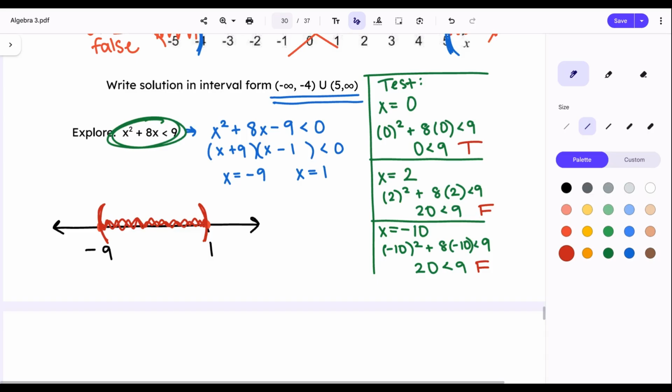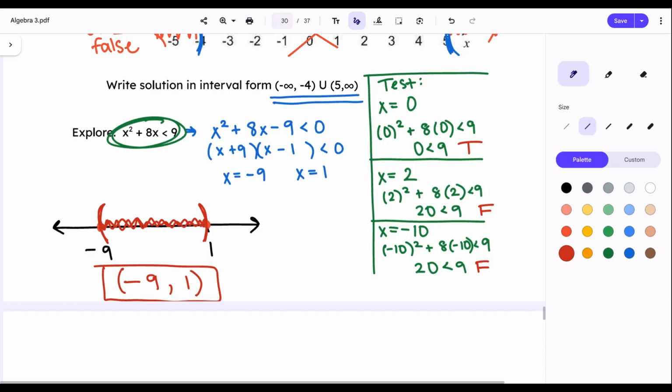Yes, in between negative 9 and 1. So we're going to have parenthesis negative 9, comma 1 for this one. That's all you need to write this time for your interval notation, because it is stuck between those 2 values. It's not going to go forever to the left or forever to the right. It's stuck in between those 2 numbers that we found.